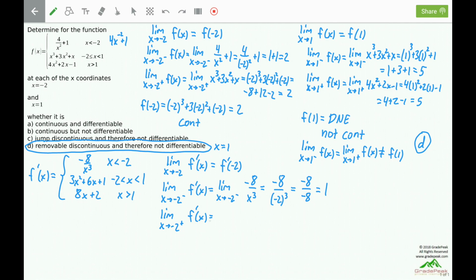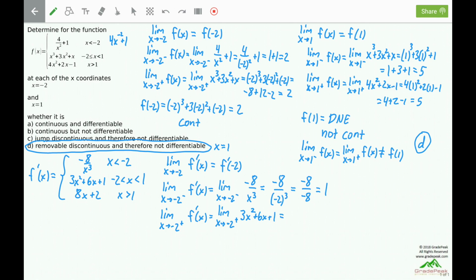We will now look at the right side limit at -2 of f prime of x. The right side limit of -2 means that we're greater than -2, and we will use this expression here for f prime of x. That'll be 3x squared plus 6x plus 1.